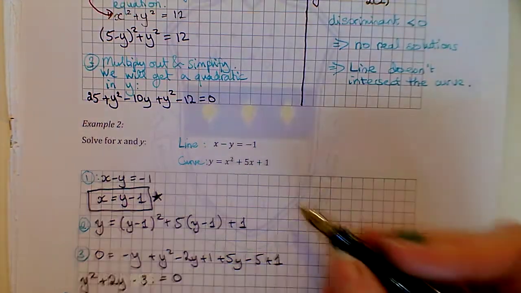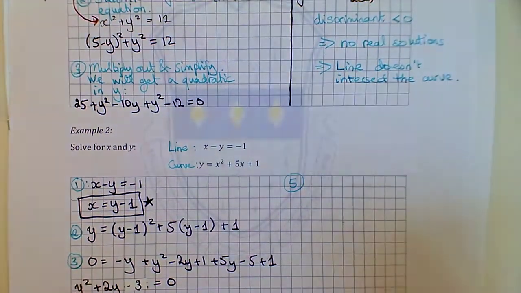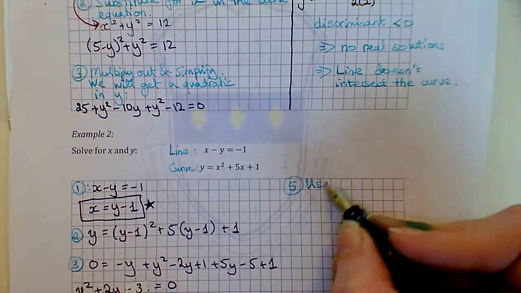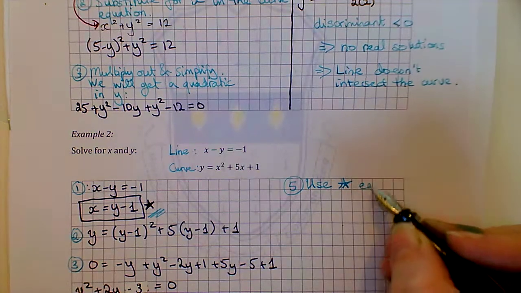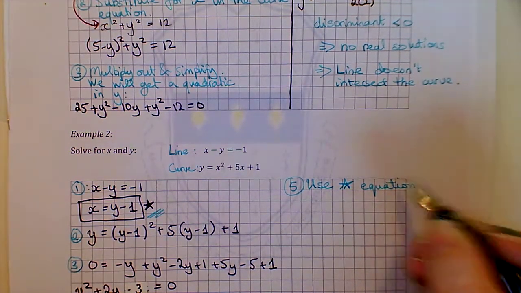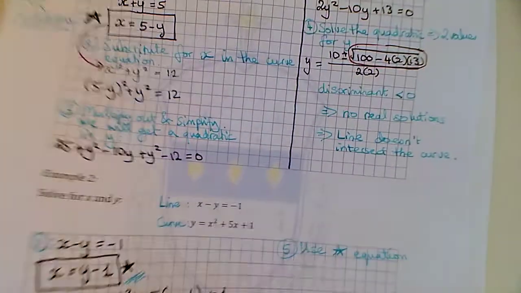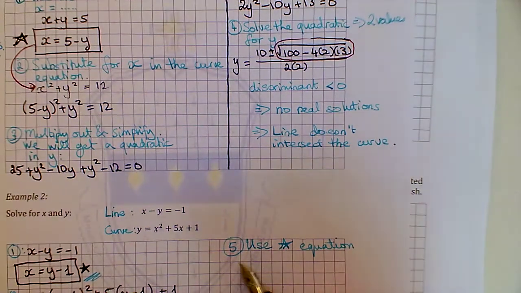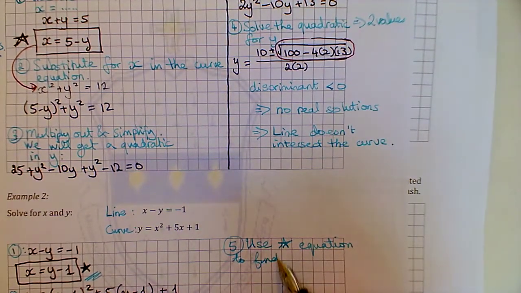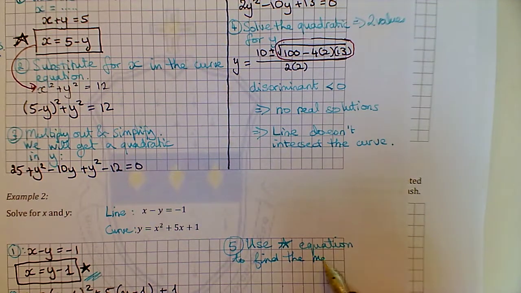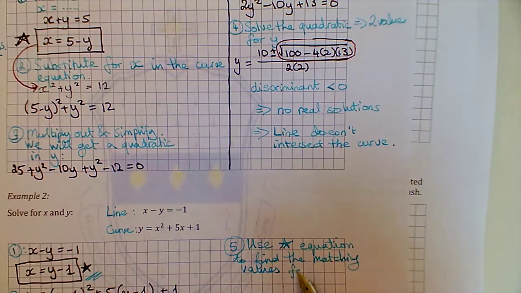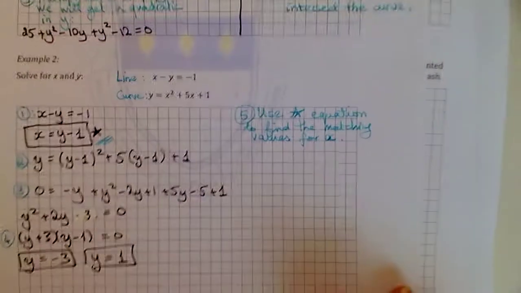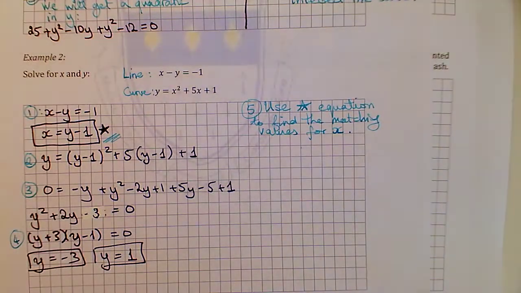And now we can go on to step 5, which is we use the star equation, the one that we have over here, to find the matching values for x.